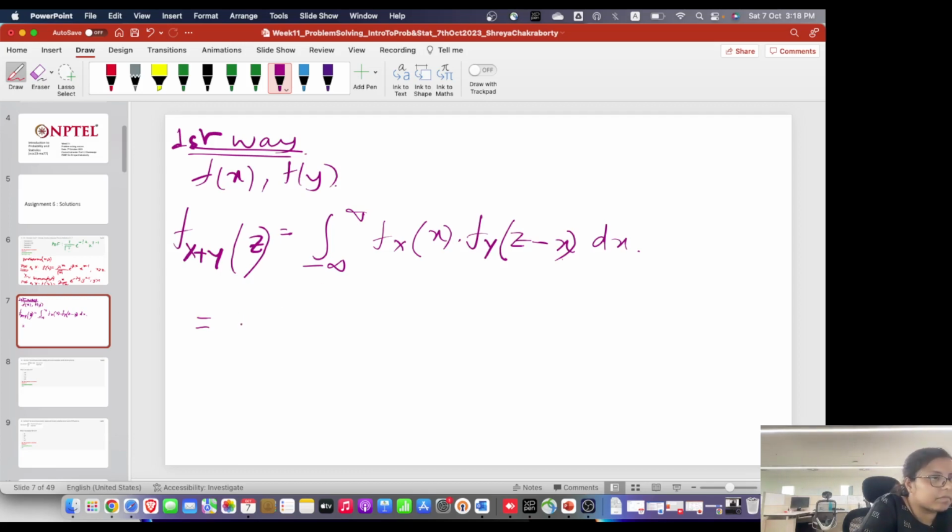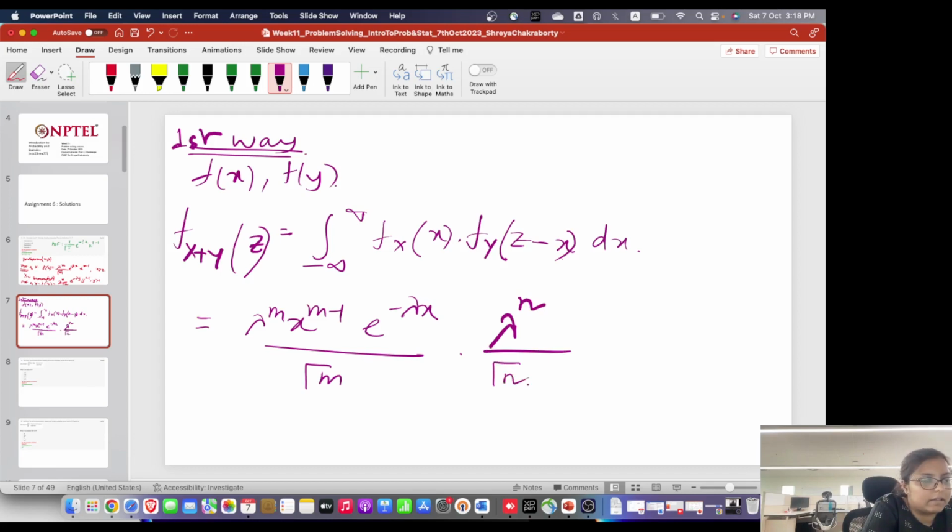This will be lambda to the power m, x to the power m minus 1, e to the power minus lambda x, by gamma m, into lambda to the power n by gamma n, (z minus x) to the power n minus 1, into e to the power minus lambda (z minus x).